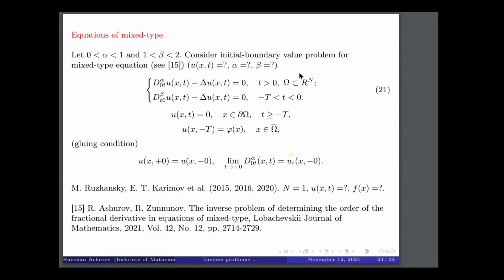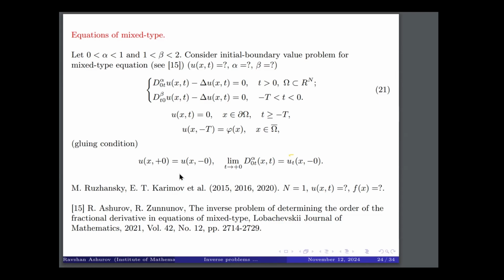Now, we also consider the following mixed type equation. You see, now 21. If t is positive, we have here already the Caputo derivative. Alpha is between 0 and 1, and beta is between 1 and 2. So this is the so-called mixed type equation. This is the boundary condition, this is the initial condition, and this is the gluing condition.